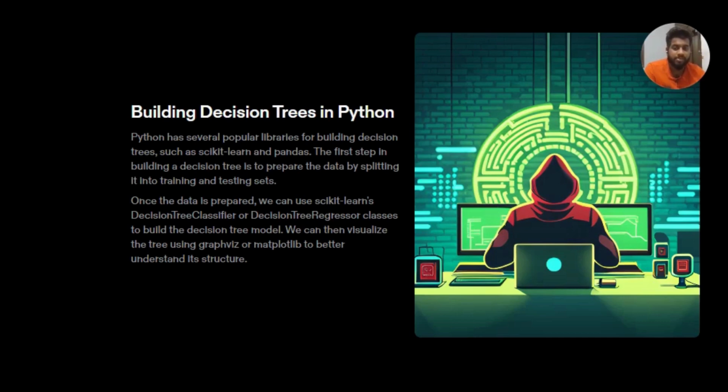Once the data is prepared, we can use scikit-learn's DecisionTreeClassifier or DecisionTreeRegressor classes to build the decision tree model. We can then visualize the tree using Graphviz or matplotlib to better understand its structure.